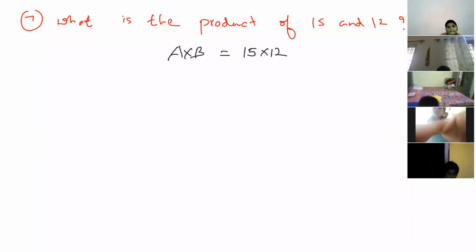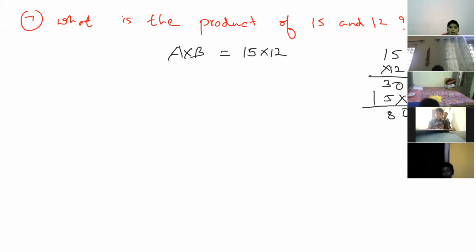They are asking for the product. Product is nothing but A into B, 15 into 12. It is a direct question. 180 is the answer. Product is nothing but the total multiplication of those values.